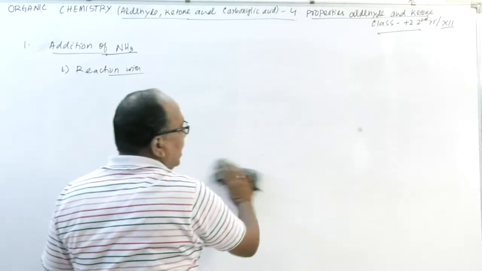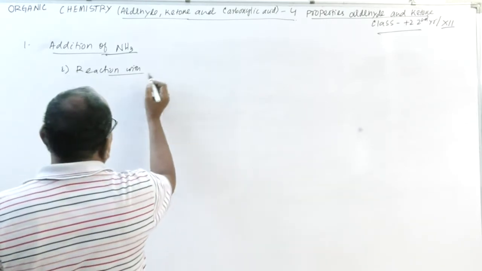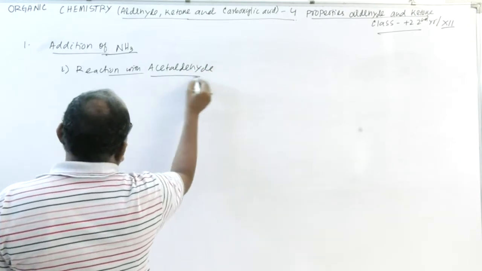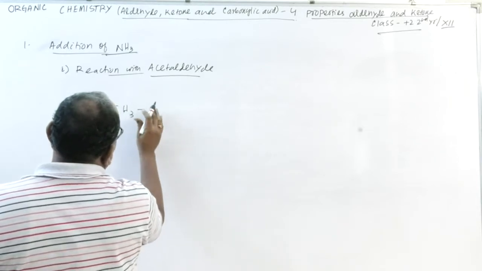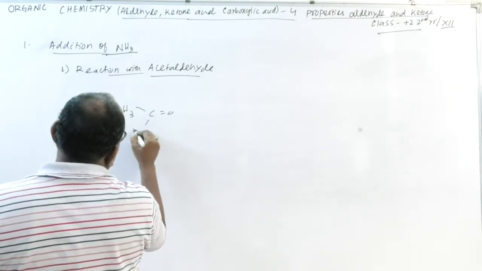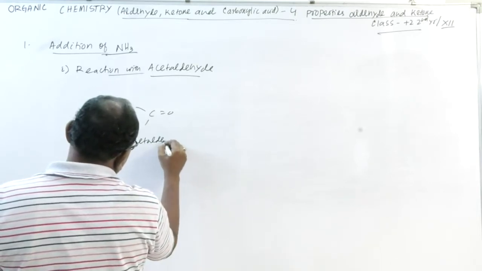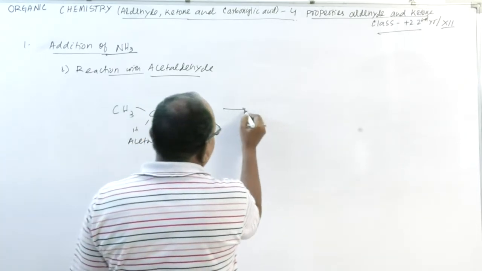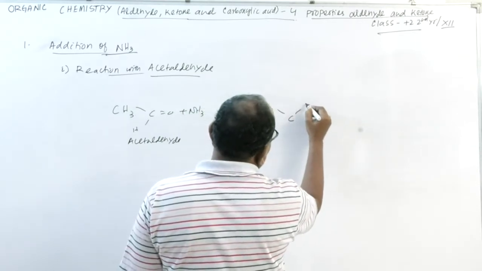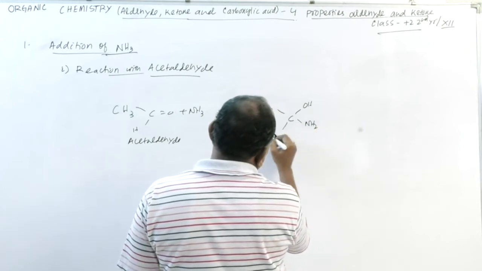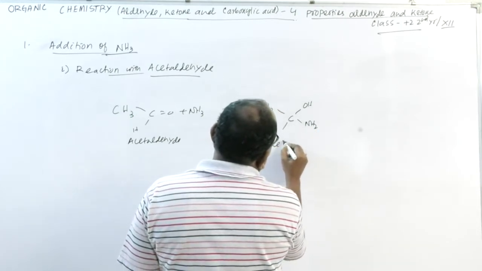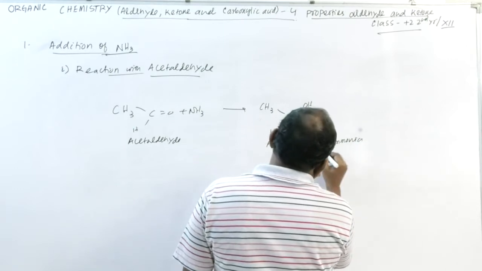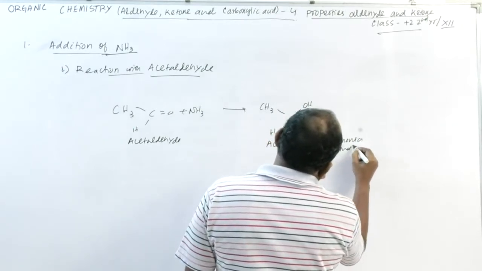Ammonia reacts with acetaldehyde, it gets added here to form CH3CH(OH)NH2, and this is called acetaldehyde ammonia compound.